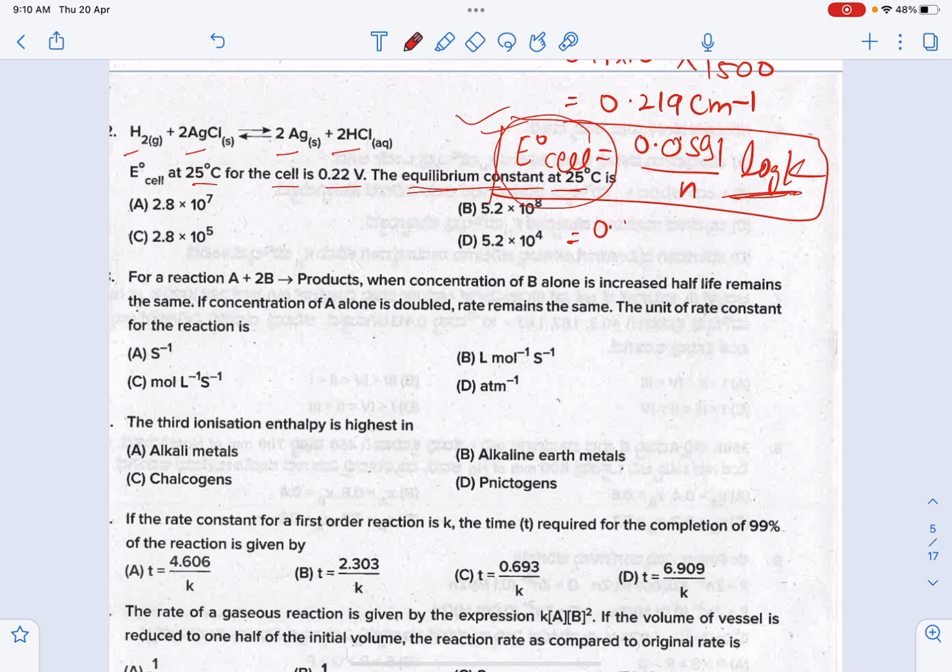Now put the values: 0.0591, and here is the n.